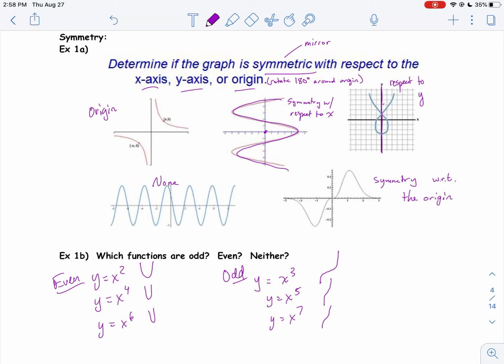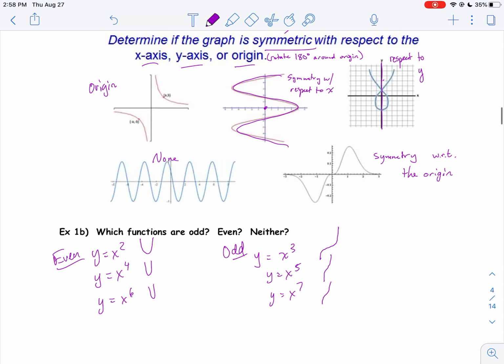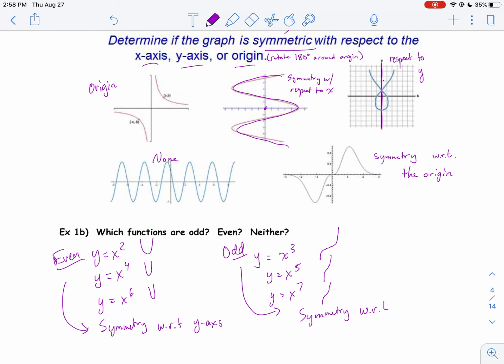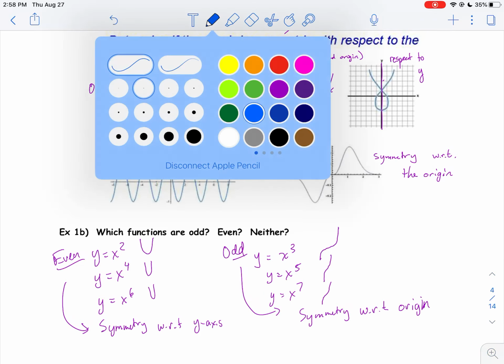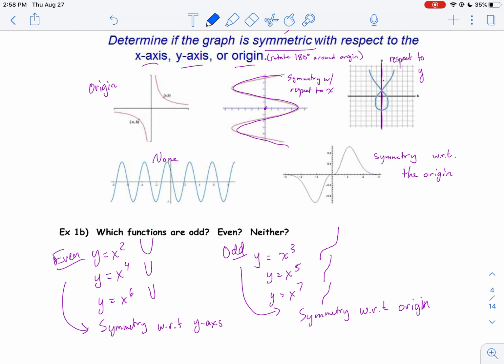These functions, even and odd, do show up besides just these exponents. It's more the idea that an even function has symmetry with respect to the y-axis, and an odd function has symmetry with respect to the origin. So which functions are odd, even, and neither? If I go back and look, this is going to be an odd function.